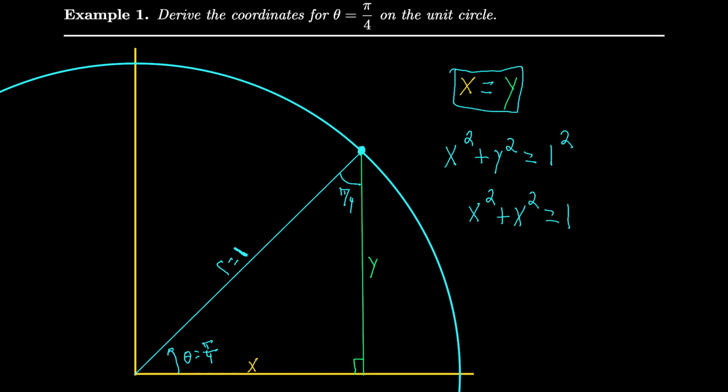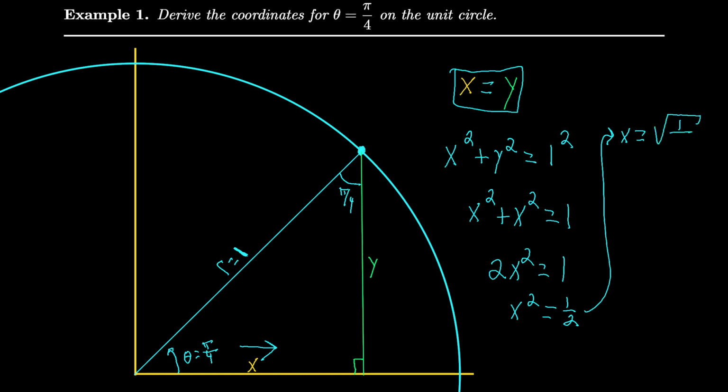x squared plus x squared is 2x squared equals 1. Divide by 2, I get that x squared equals 1/2. And then the only step left to do is come up here and say that, take square root of both sides, I get x equals, now it'll be plus or minus, but x is obviously positive here. So we will be dealing with a positive square root of 1 over 2.